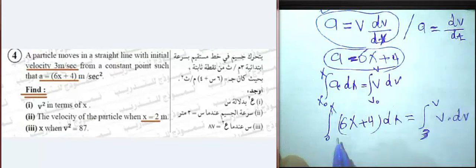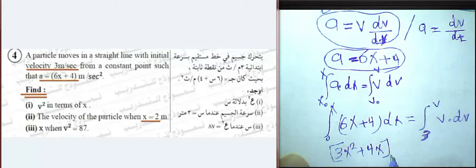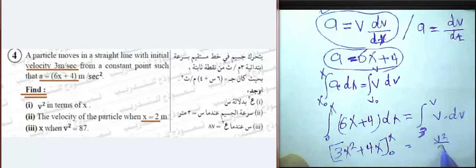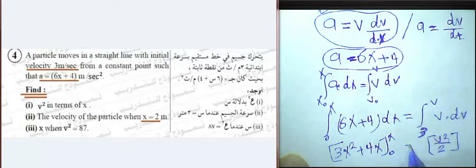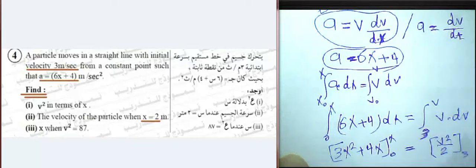We can find the result here, 6x power 2 over 2, the result will be 3x power 2 plus 4x from 0 to x, and here v square over 2 from 3 to v.